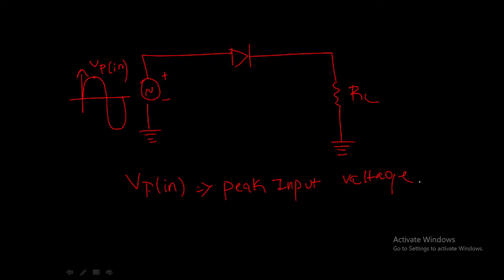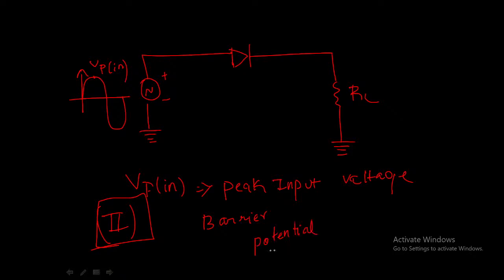In the previous case, when we were discussing the half wave rectification process, we haven't considered any barrier potential. We considered the diode to be an ideal diode and did the process of rectification. Now, in this second scenario, we are going to consider a barrier potential.